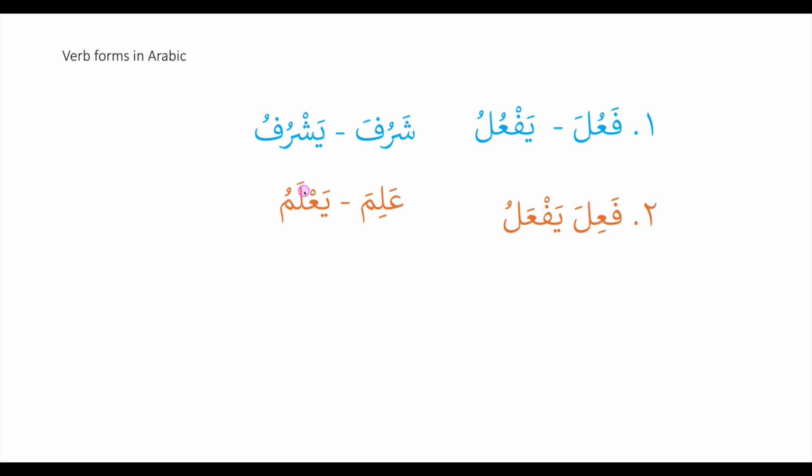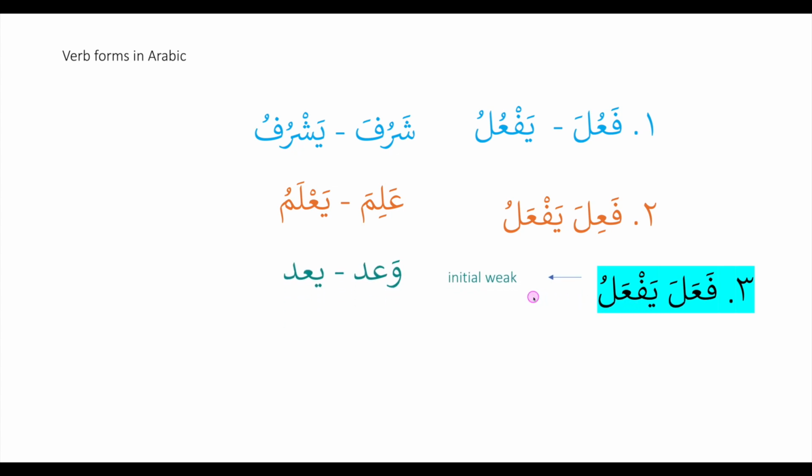So that's an example. Our third form is fa'ala yaf'alu, and again this is a pattern. It does not mean anything, it's just a pattern, and within it are a number of irregular verbs. The first one is initial weak. Initial weak is every verb that starts with a waw, or in some textbooks it's called assimilated verbs.